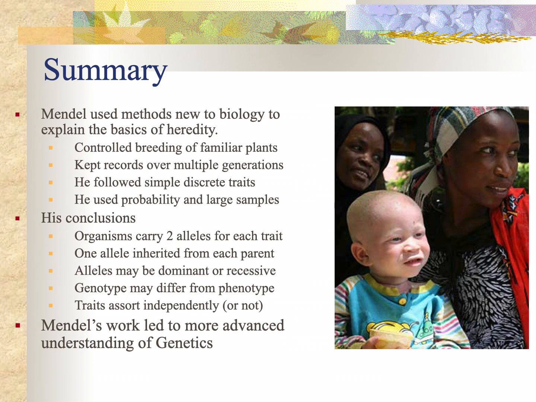He determined that organisms carry two alleles for each trait. One allele was inherited from each parent. Alleles could be dominant or recessive, and the genotype may differ from phenotype. For the traits Mendel studied, they assort independently, but we know that's not always the case. We've used Mendel's work to unravel more advanced understandings of genetics.